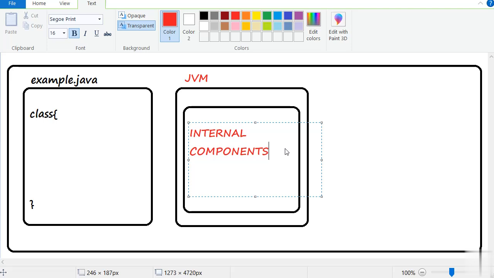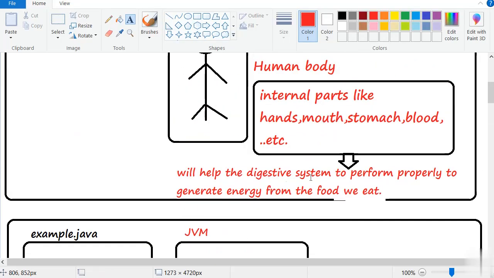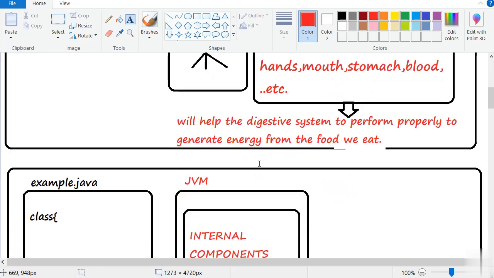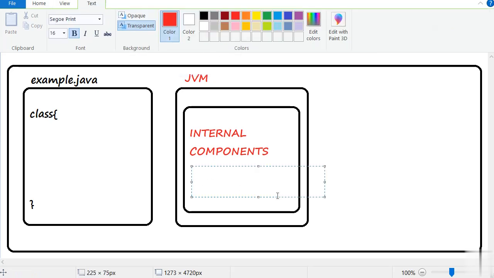All these internal components will help execute, and in the human body, help digest food and get energy. Here, execute is nothing but digesting. Internal components will execute the given program.